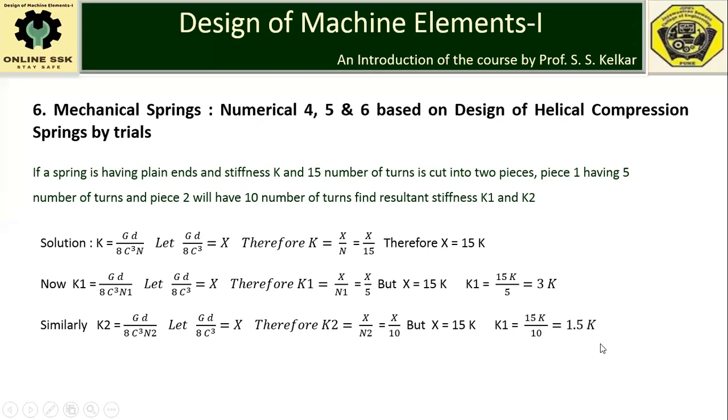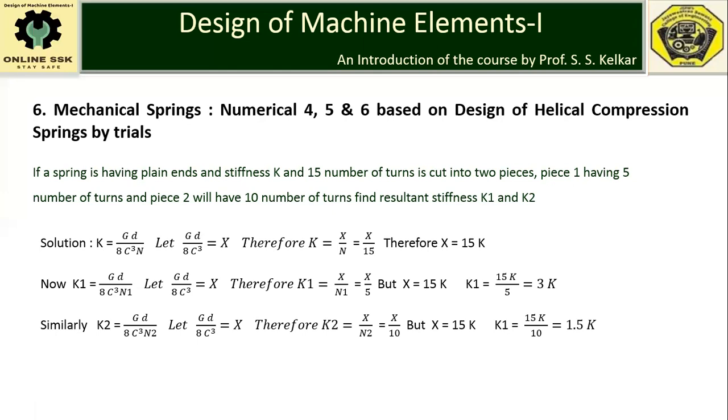Sorry, here I have written K1 by mistake. It should be K2. K2 is equal to 1.5 times K. So the piece number 2 will have 1.5 times the stiffness of the original spring.